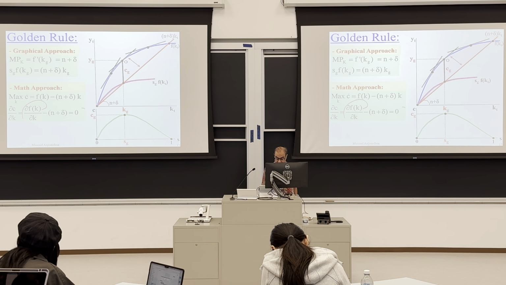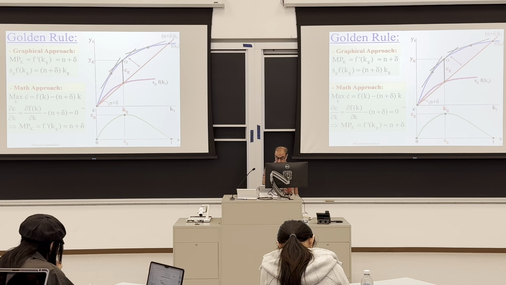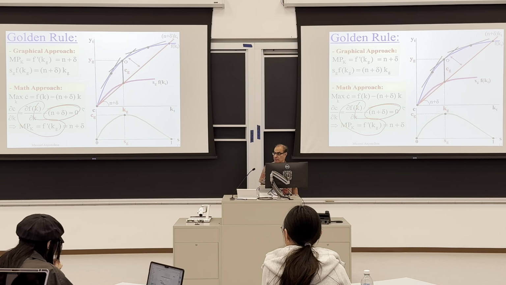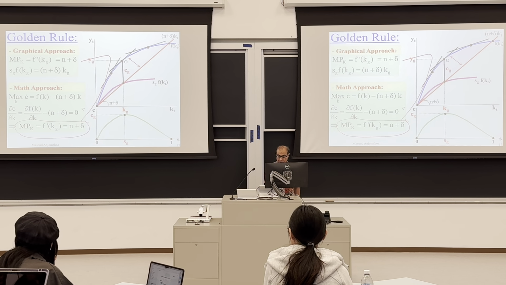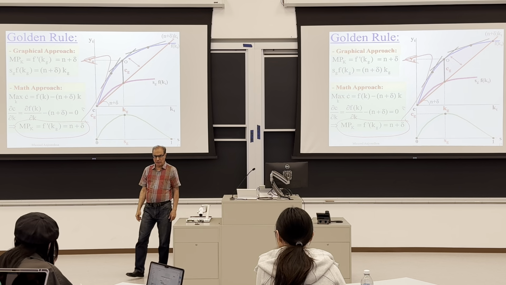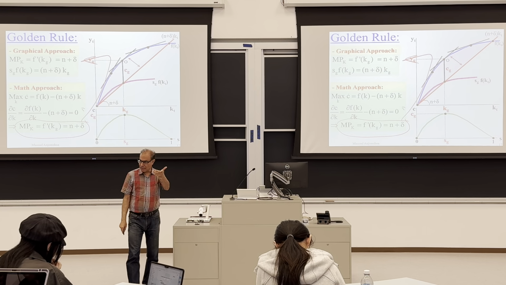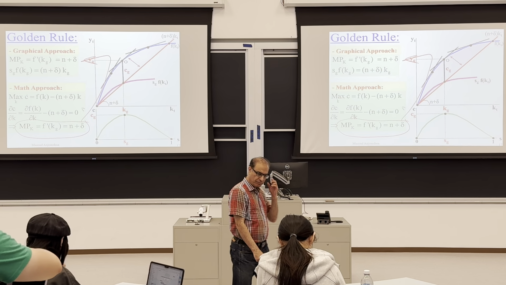But what is this? Marginal product of capital. And what is this? The slope of the depreciation line. Look at that. This is the same condition that we found just by eyeballing, looking at the graph. Yeah, the same condition.